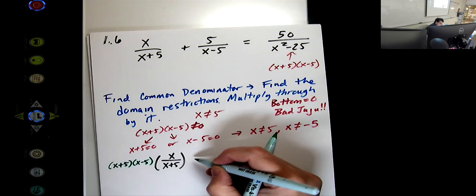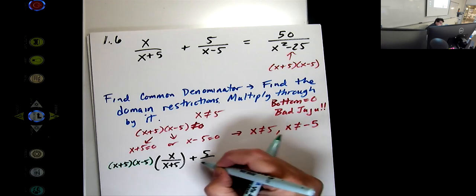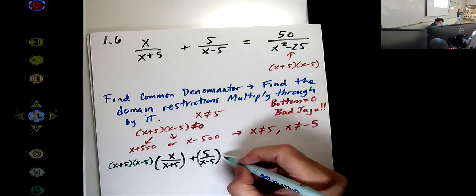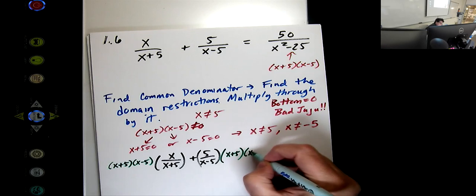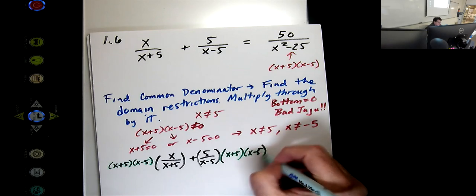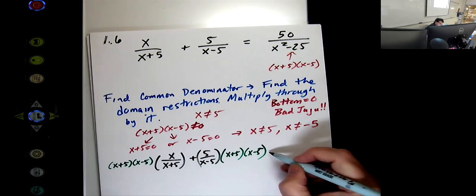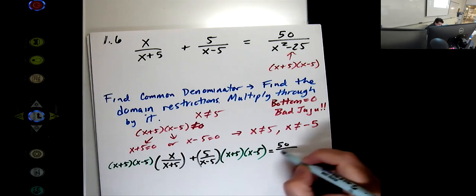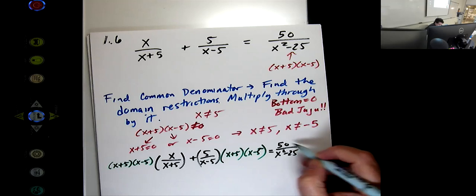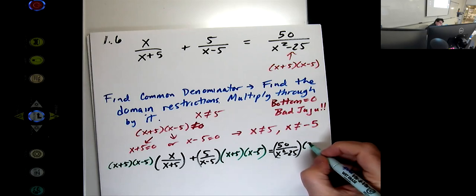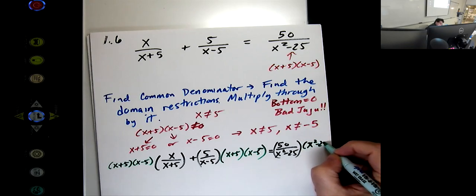And while it takes up more space on paper, until you're comfortable and not going to mess it up when you do it, it's helpful to have them next to each term. And on this one, I'm going to multiply by x squared minus 25. I'm just going to put them together because then I can see that the two cancel out.